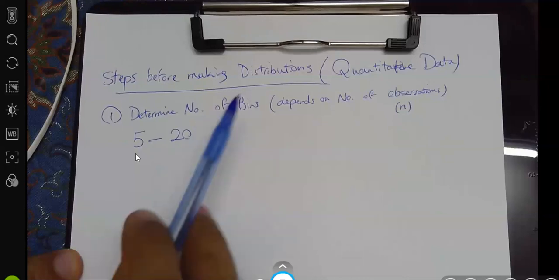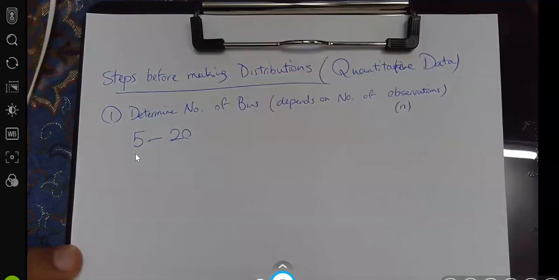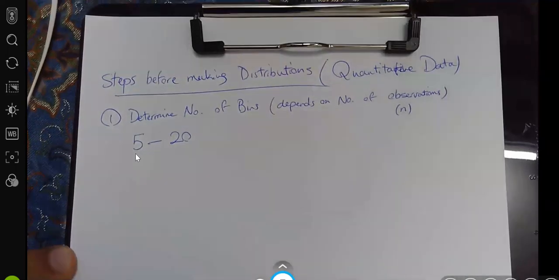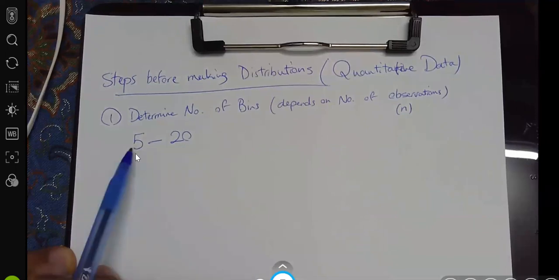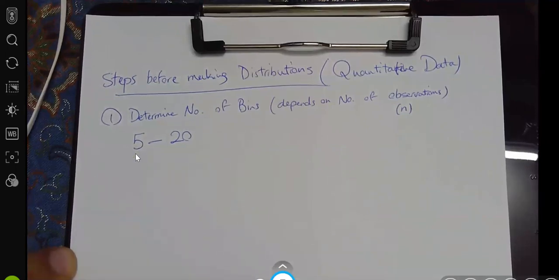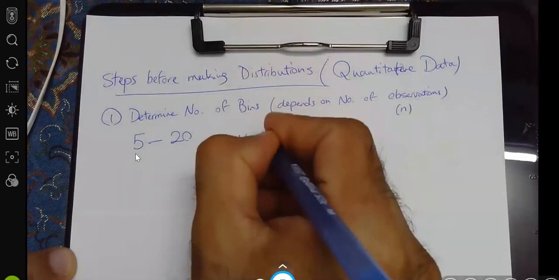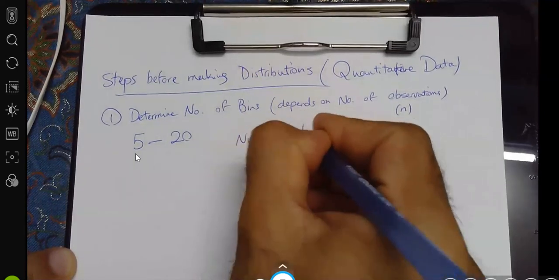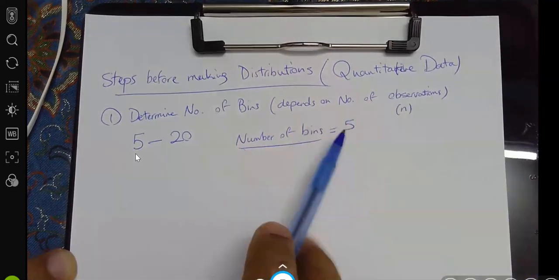If the sample size is small, you may want to go with a smaller number of bins, like 5. In this case, we're going to go with 5. Again, this is a very subjective issue.